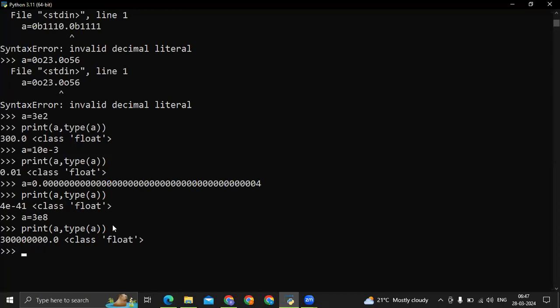It will convert it into the floating point value. But in case I write A is equal to 3E minus 8, it will come to the left side, 0.00000003. It is saving the memory space.